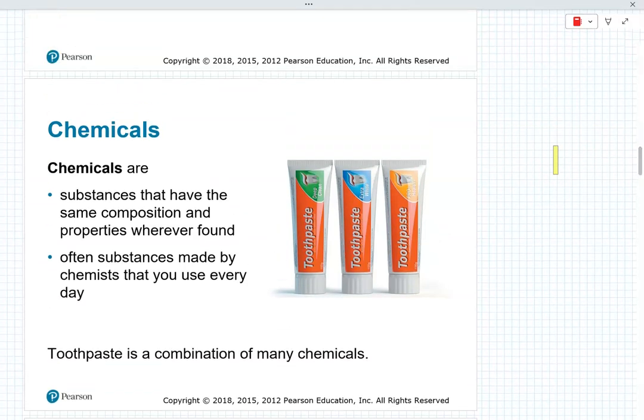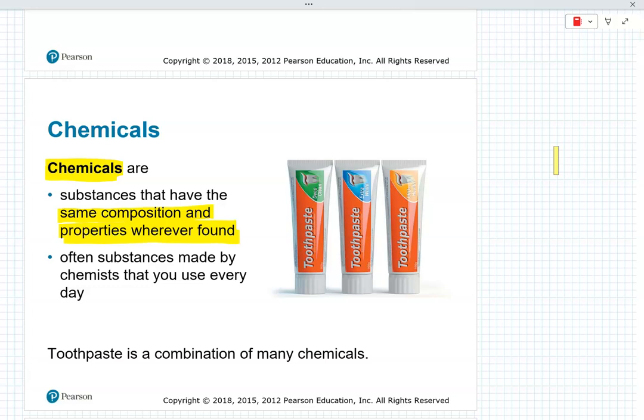So, the concept when we say the word chemicals, okay? One of the key features of a chemical is this: they have the same composition and properties no matter where you find them. You can go to a grocery store and buy water.